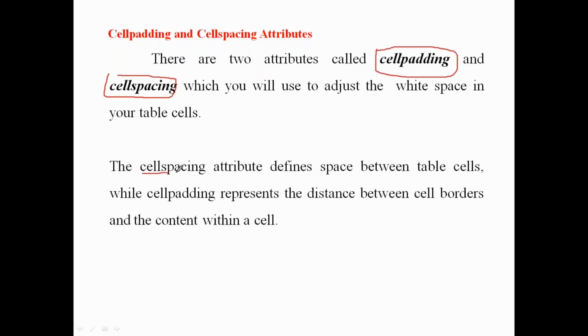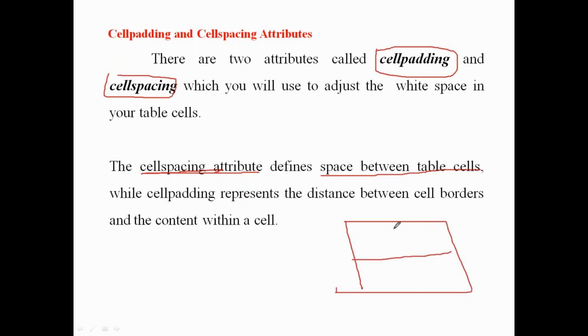So here, cell spacing is one attribute that defines space between table cells. Observe here, cell spacing is the attribute used in a table, and it gives the space between table cells. For example, assume this is one table.